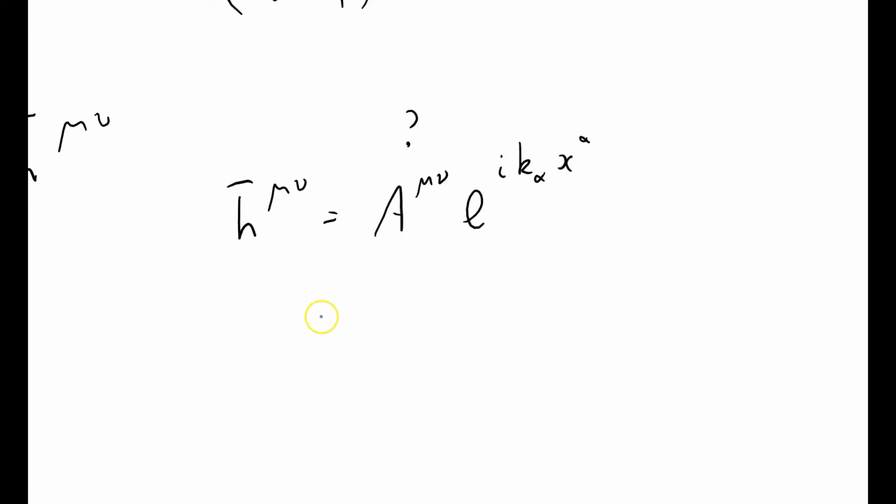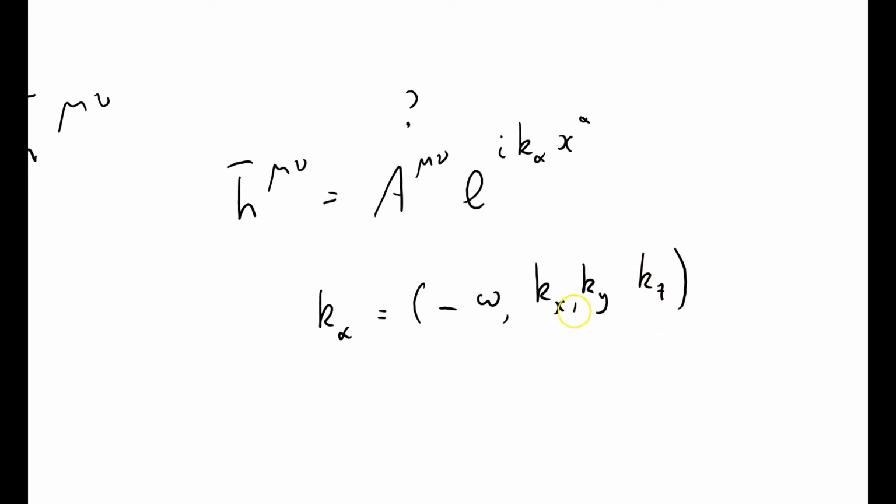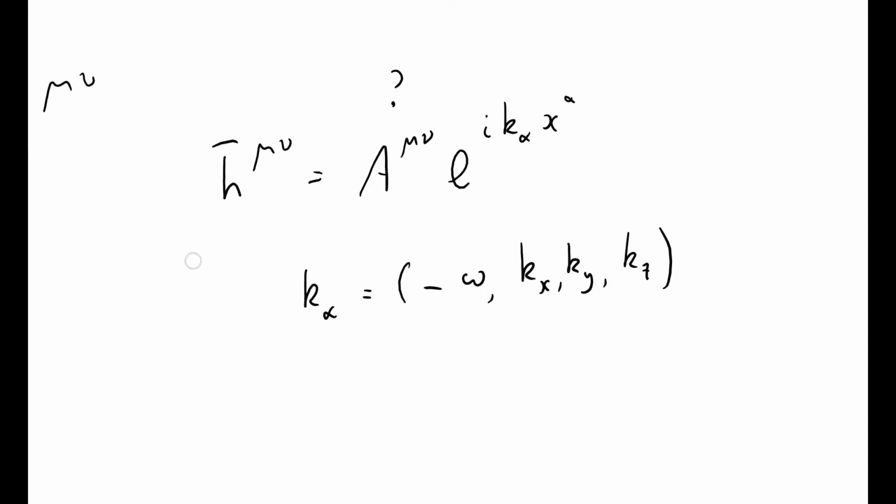So what I'm going to do is write my K alpha, because it's downstairs, as minus omega, Kx, Ky, Kz, a 4-vector, 1, 2, 3, 4 terms. And I'm going to write my x in terms of a t, an x, a y and a z.